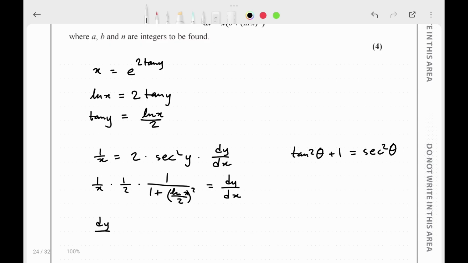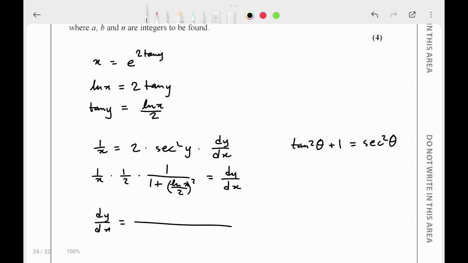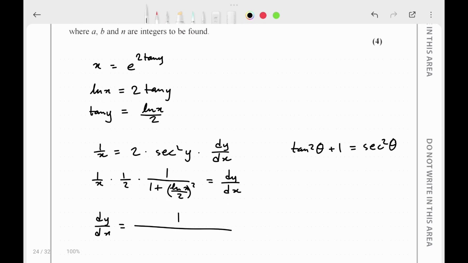So dy by dx can be written as 1 by x times 2 plus ln x whole squared by 2.